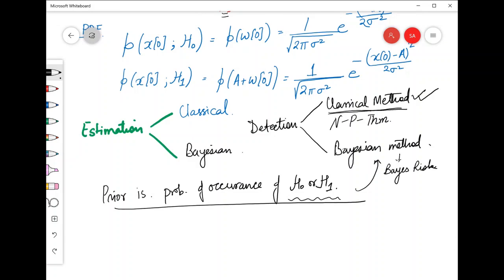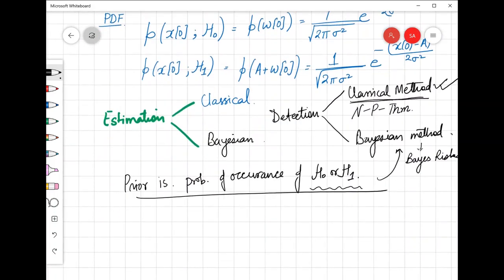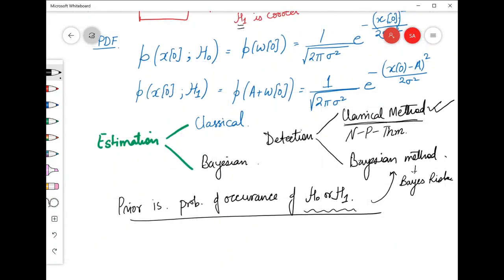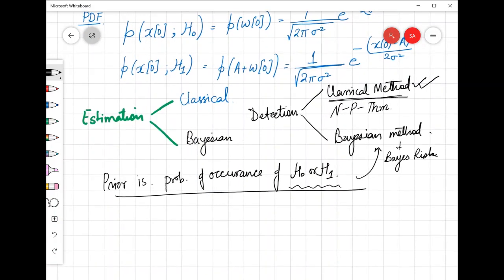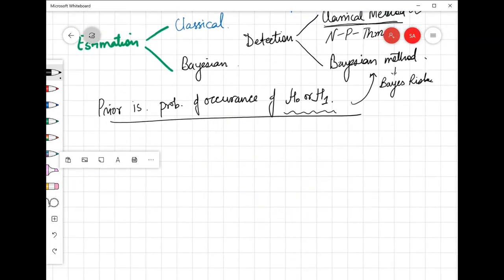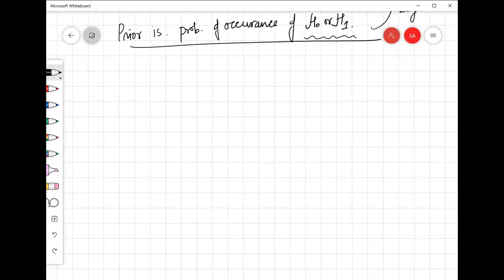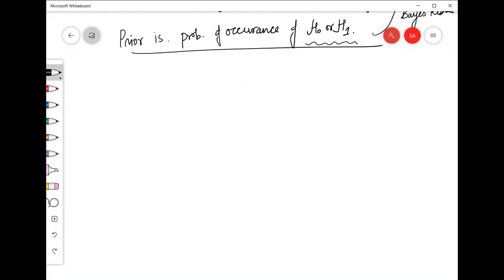Fine. Now let me talk in more detail about the binary hypothesis testing. I have written down the PDFs also of the binary hypothesis testing. So let me draw the graph also for these PDFs. Again, let me recall these two things.